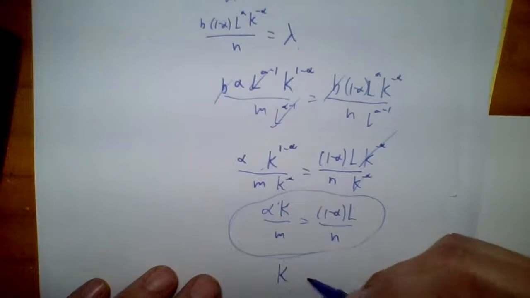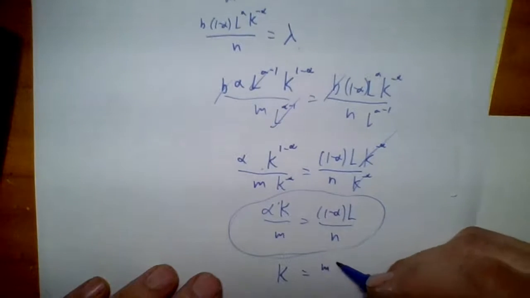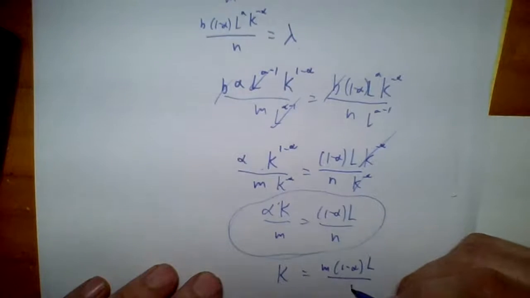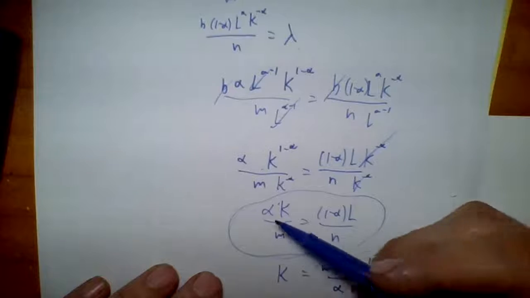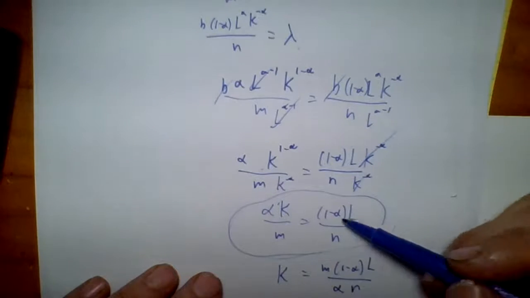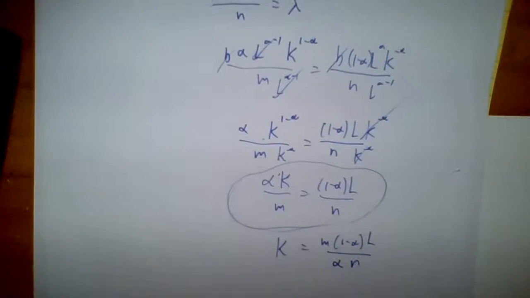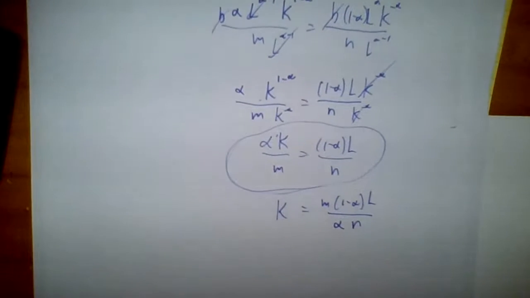So K equals M, 1 minus alpha, L over N times alpha. So I divided by alpha on this side and I multiplied by M on that side just to get to K by itself. Now I can do another substitution. That's the key thing when you're working with a system of nonlinear equations. You can't usually cancel like terms, so you're usually doing substitution quite a bit.